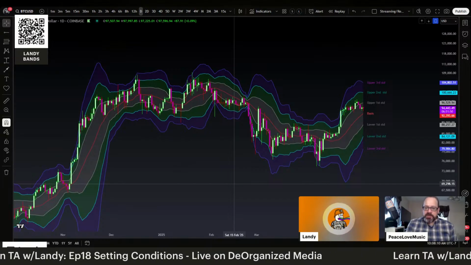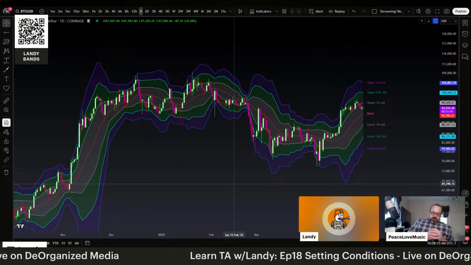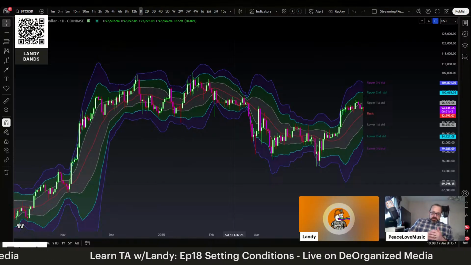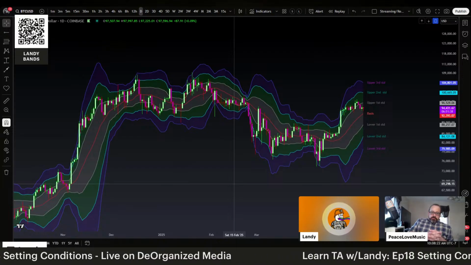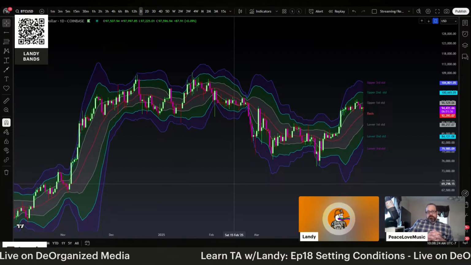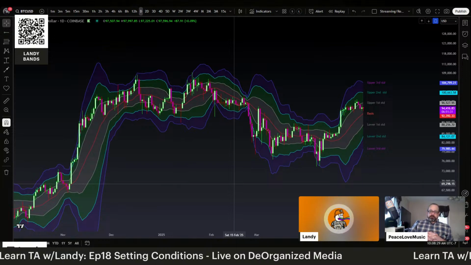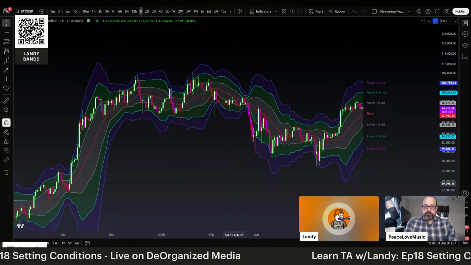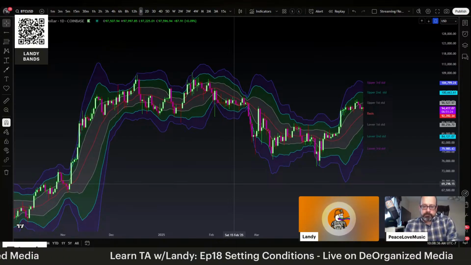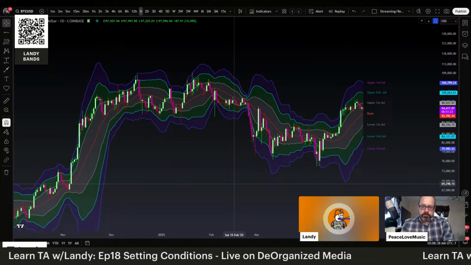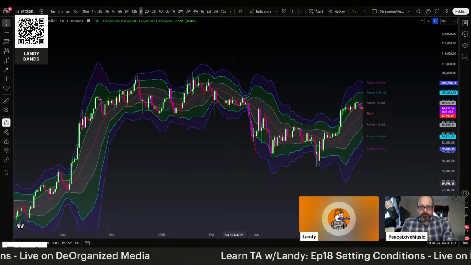Excellent. So this is essentially going to lead into a wider conversation about identifying trade setups, but we have to really hammer this point home in regards to conditions and conditional analysis and what I use to start defining the conditions for where I'm looking. Because then that conversation is going to flow into how I evaluate trade setups.